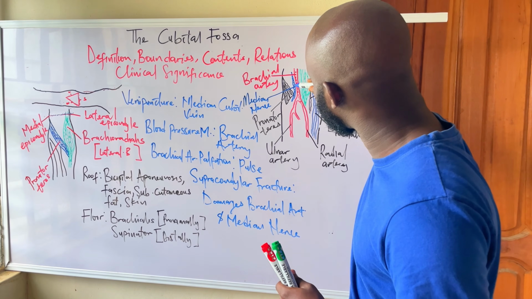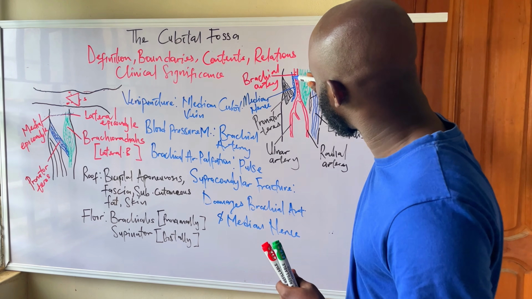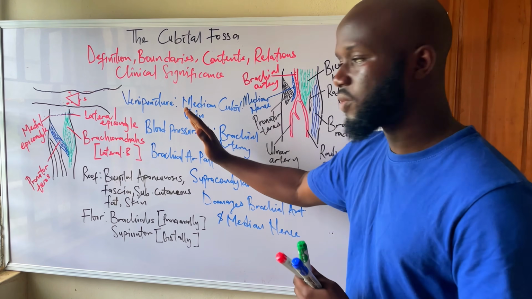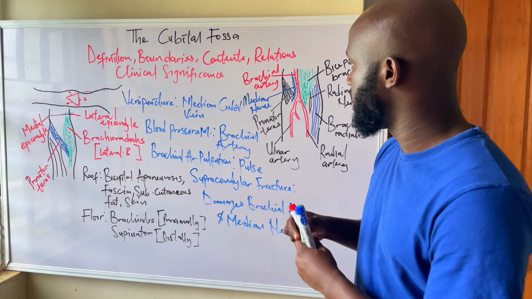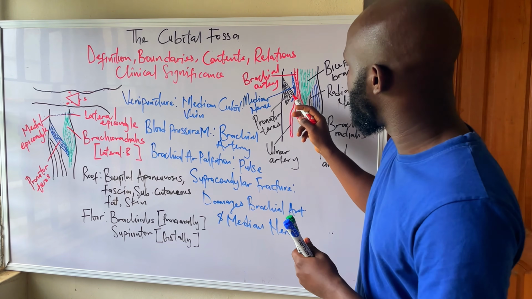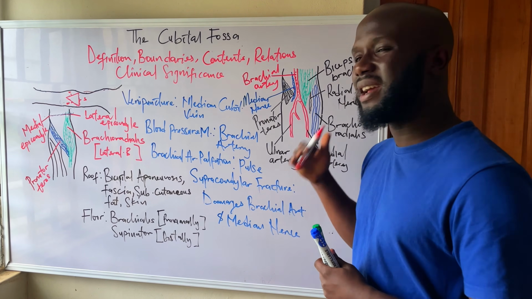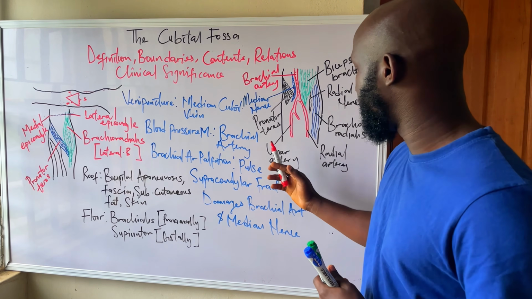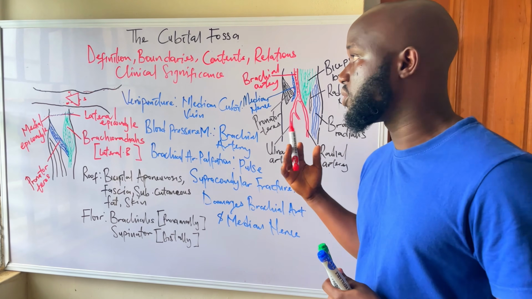If you now want to move from medial to lateral, you can see the contents are the median nerve, the brachial artery, and the tendon of biceps brachii. It is this brachial artery that will still bifurcate to form the ulnar artery and the radial artery.